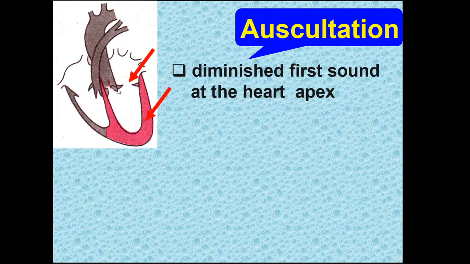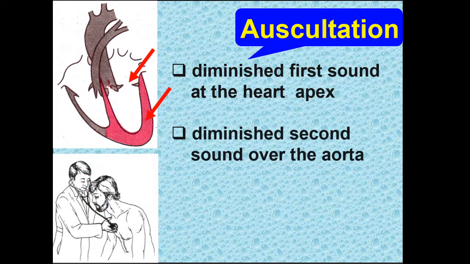If the valve is not closed, there is no valvular component. First sound is diminished due to the hypertrophied left ventricle and relative mitral insufficiency. Second sound over the aorta is diminished due to the absence of its main component: no period of closing of the semilunar valve, no valvular component.